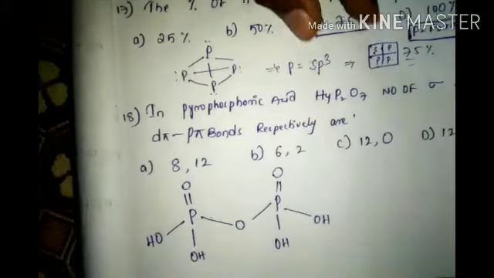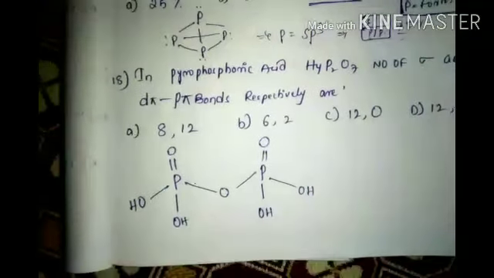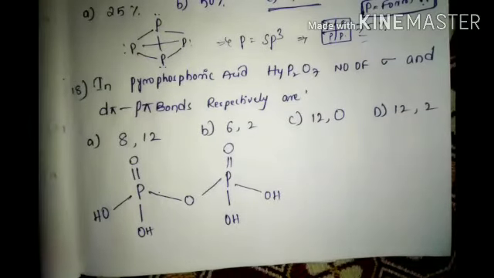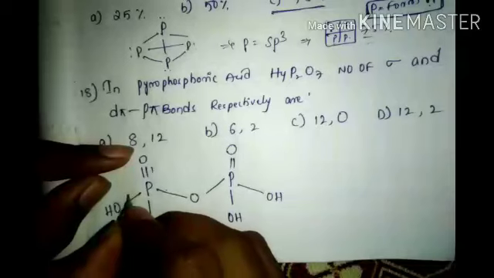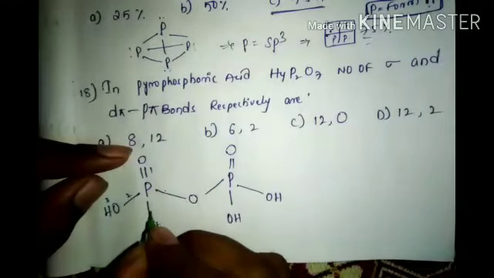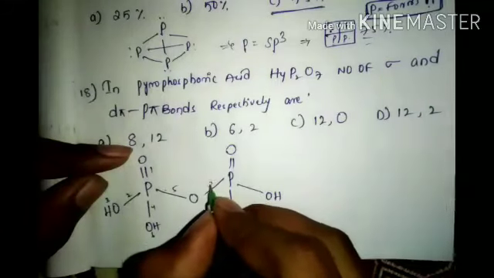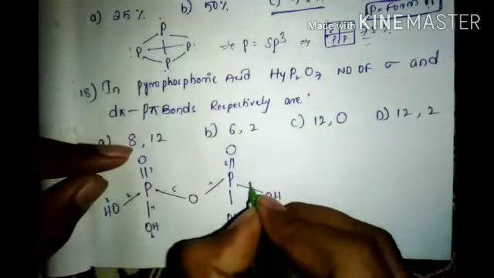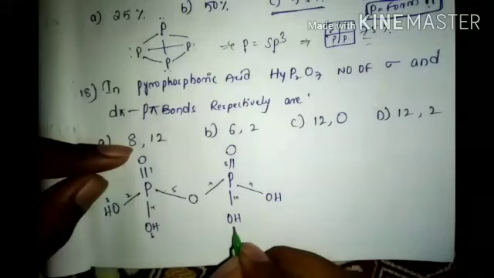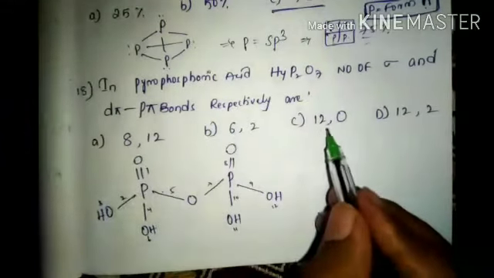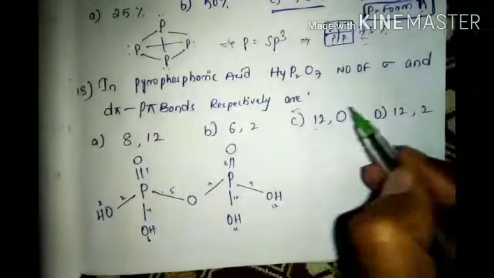Yeah, this is the structure. Here, how many sigma bonds? Count it. 1, 2, 3, 4, 5, 6, 7, 8, 9, 10, 11, 12. Where is it 12? Here and here. Option C, option D, correct.